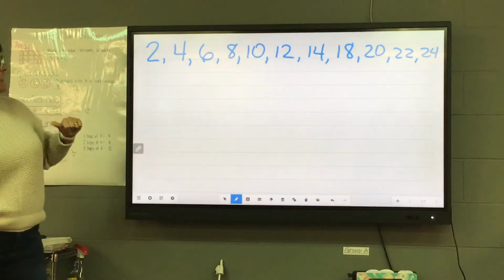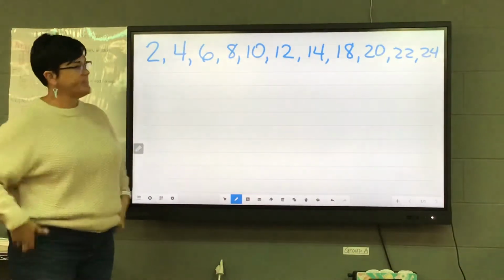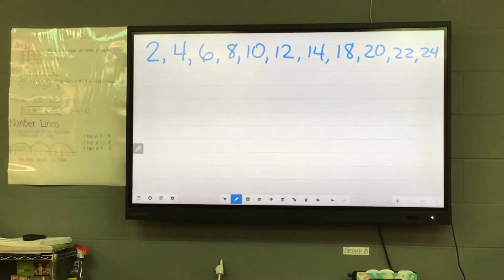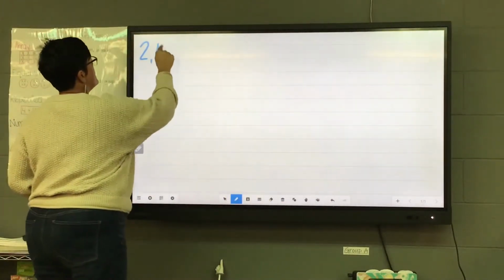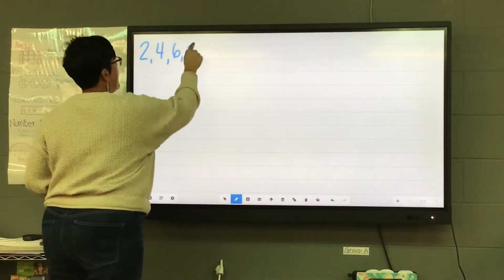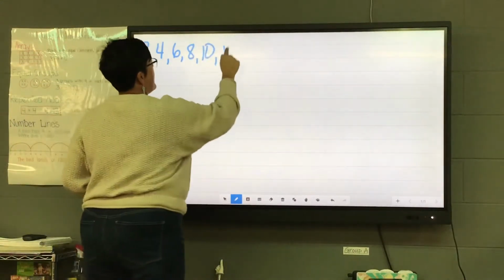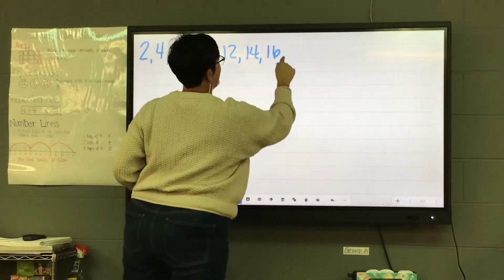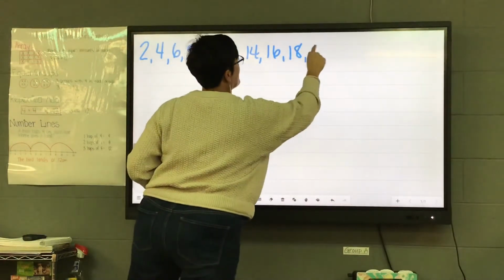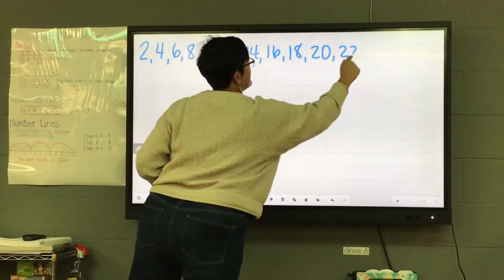I didn't write that very neatly. Look how big it is and then it gets small. Oh well. So let's skip count by twos together again. 2, 4, 6, 8, 10, 12, 14, 16. Oh, we forgot 16. No wonder that seemed weird. Let's start over. 2, 4, 6, 8, 10, 12, 14, 16, 18, 20, 22, 24.